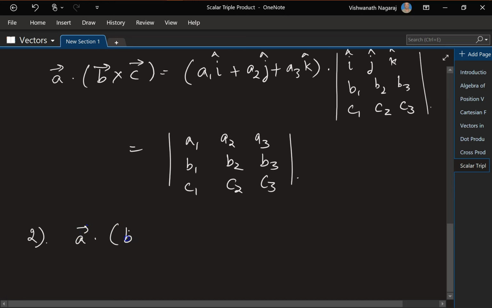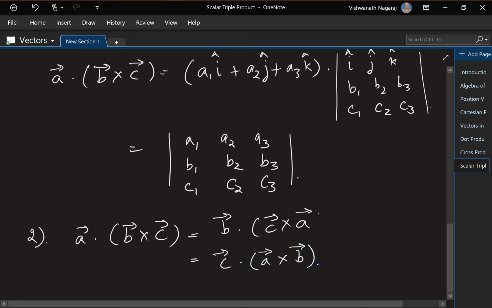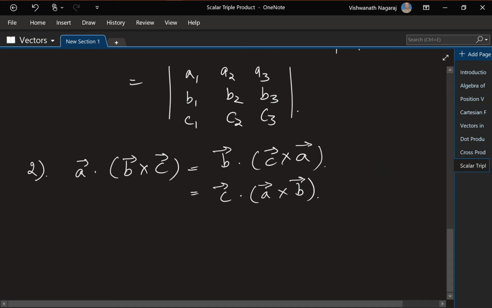A dot B cross C is equal to B dot C cross A, which is equal to C dot A cross B. So here if you notice what is happening, it is cyclic in nature. Now let's start from any one point.